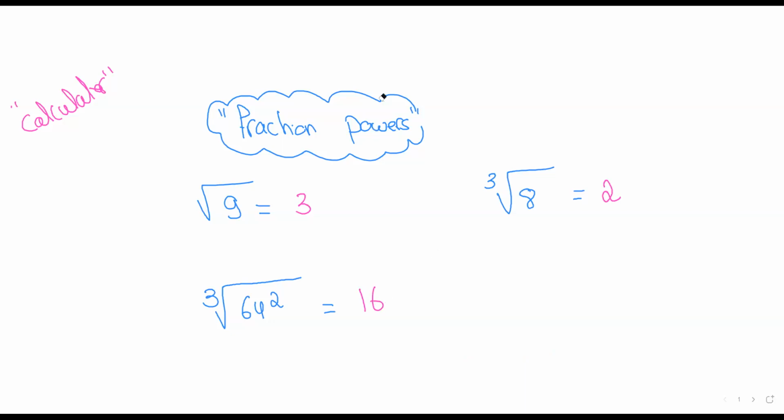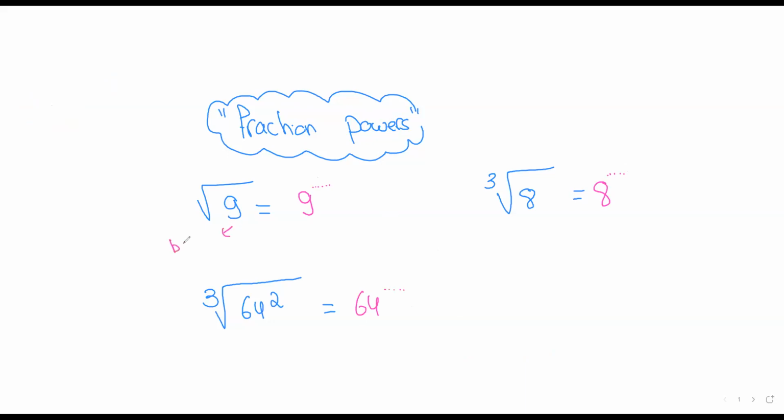Now, what if the question doesn't say find a value? What if the question says write as 9 raised to a power? What if the question says change as 8 raised to a power? What if the question says change as 64 raised to a power?